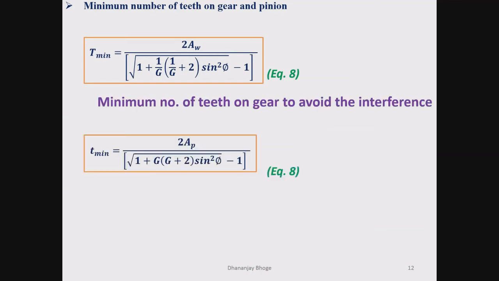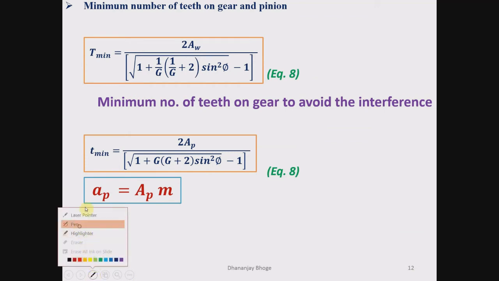So we have derived the equation for minimum number of teeth on gear to avoid the interference in the last lecture, as well as going by the same procedure we can derive the equation for minimum number of teeth on pinion, given by this equation.